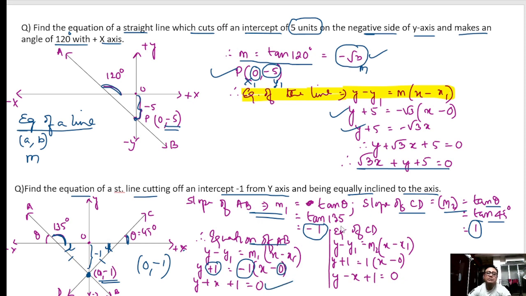We get the equation. Similarly for CD, it is passing through (0, -1) and slope is 1. So y minus y1 is m into x minus x1. So we get the equation of the line CD. This is how we will be solving this sum.